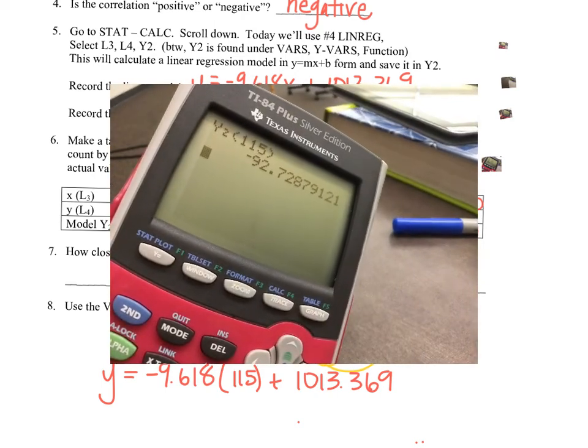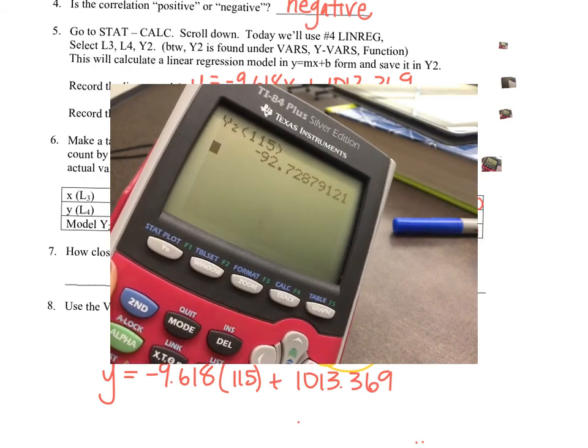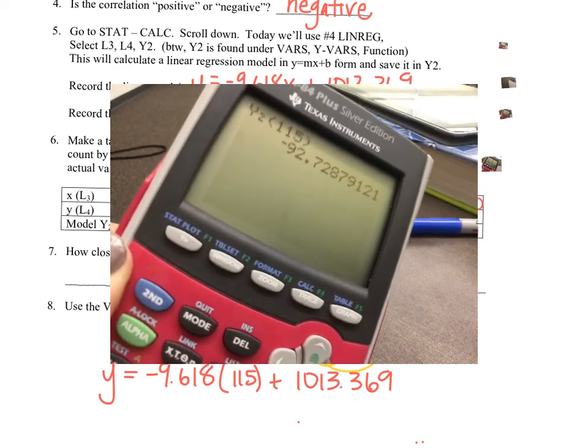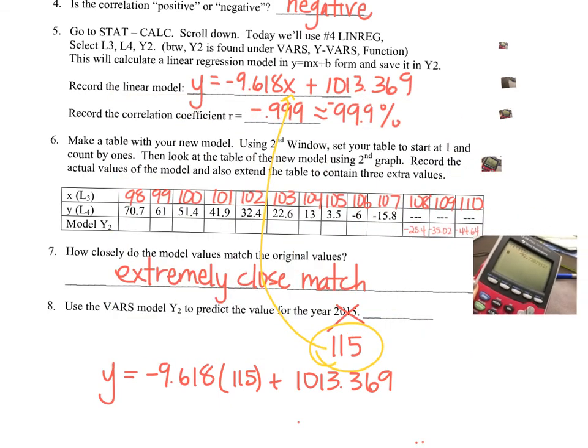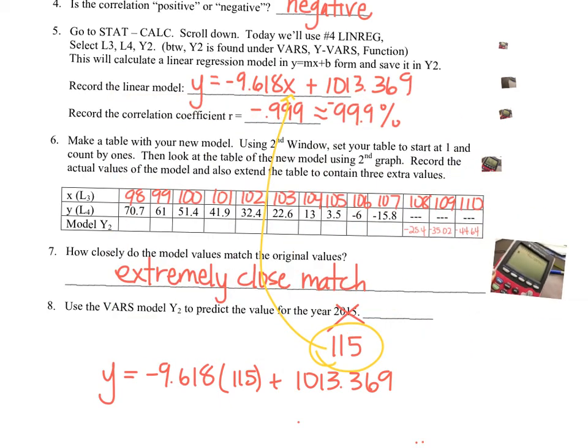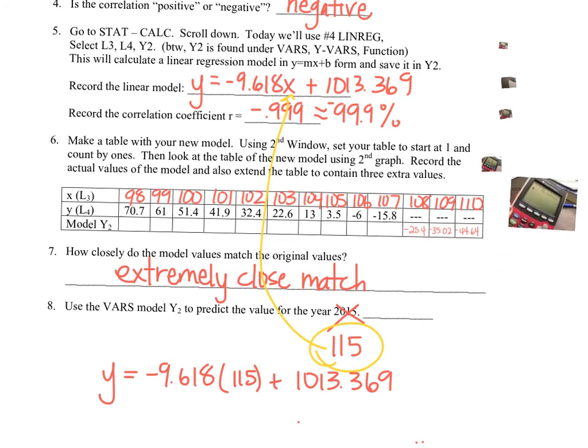And that gives you negative 92.729. I guess we'll round it to that. Negative 92.729 was that answer.